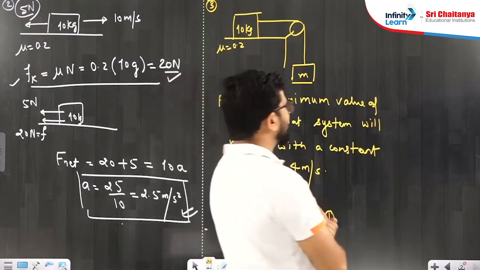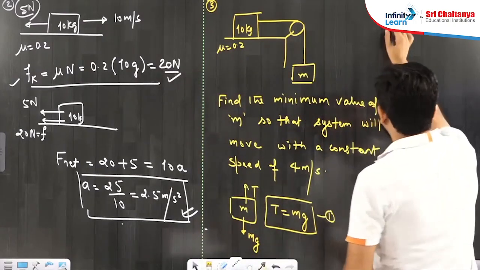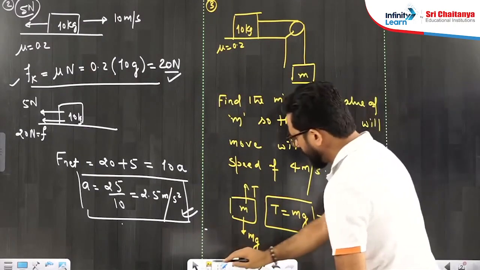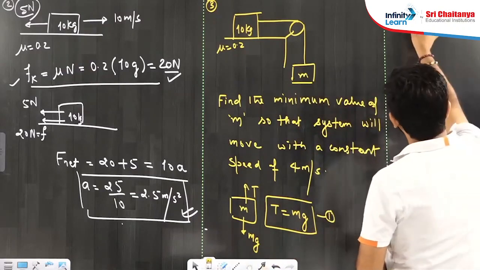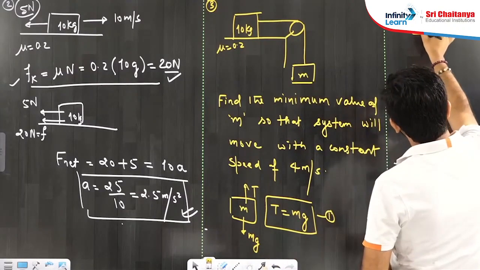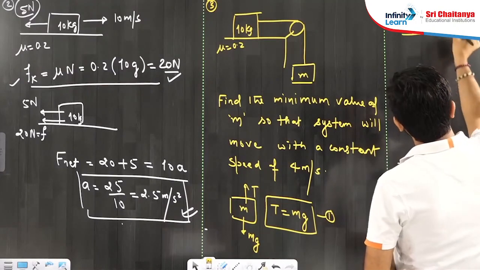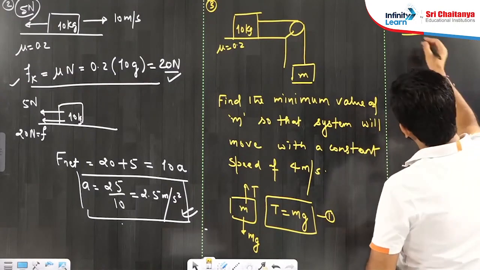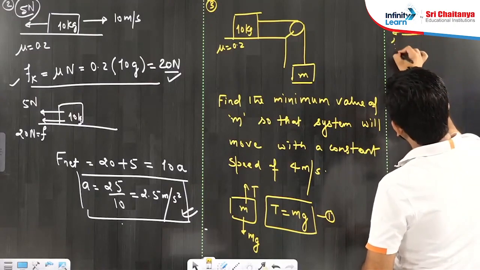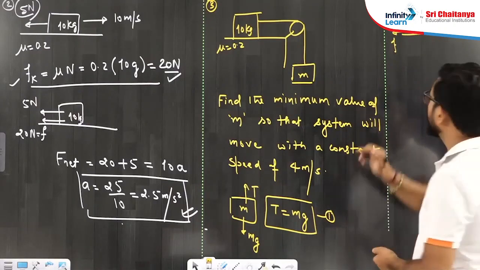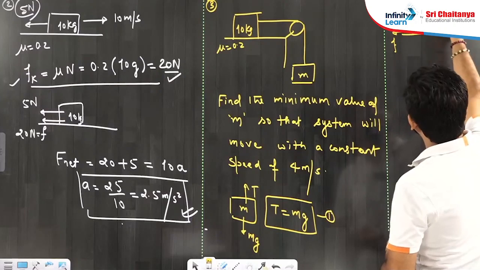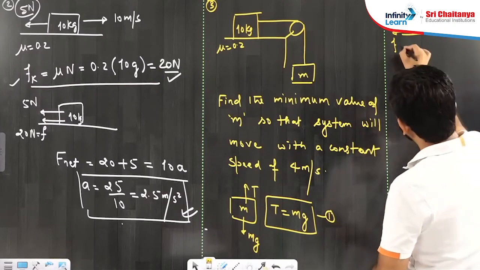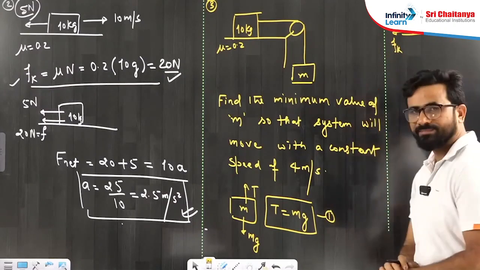Now come to the second part, and from that you will understand one more thing. You will make the FBD of the 10 kg block. In the horizontal direction there is one tension, and in the backward direction a friction force is acting. Because it is moving with a constant velocity, that means some velocity is there, so this friction force would be kinetic friction.